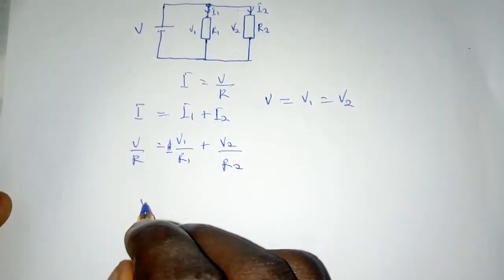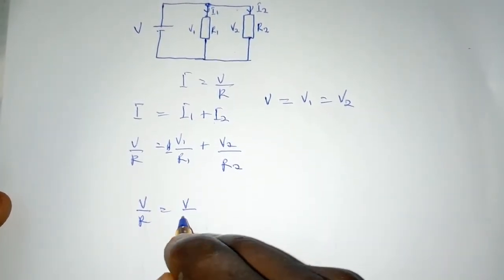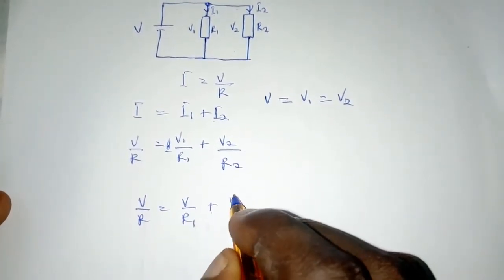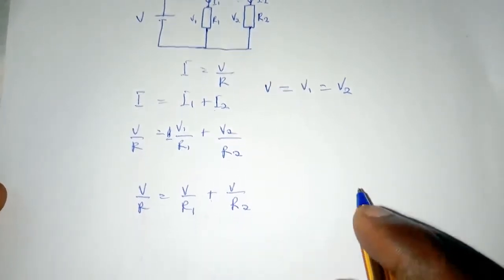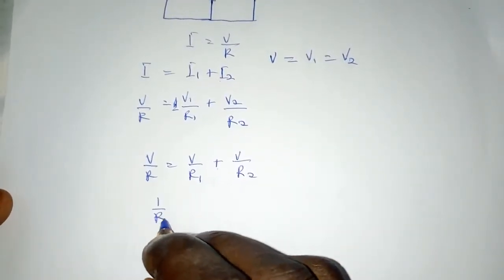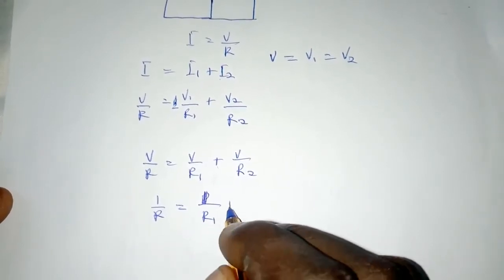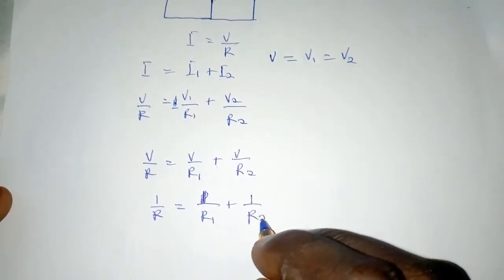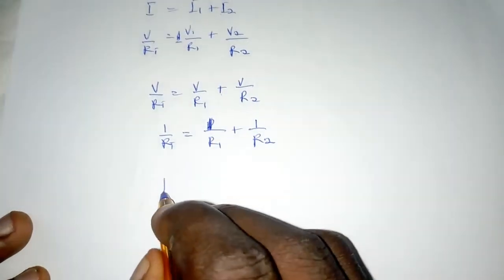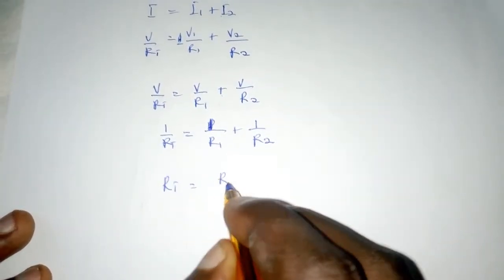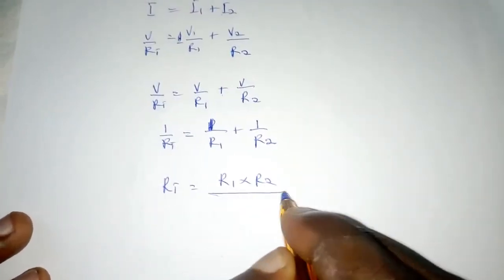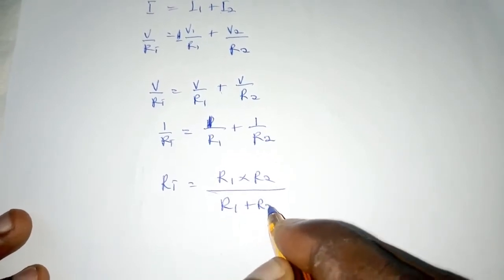And so in place of that, we have V over R equal to V over R1 plus V over R2. And that becomes 1 over R equals 1 over R1 plus 1 over R2. Solving this, we have R equal to R1 times R2 divided by R1 plus R2.